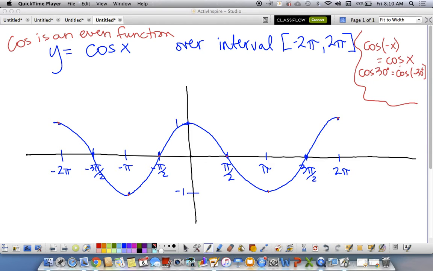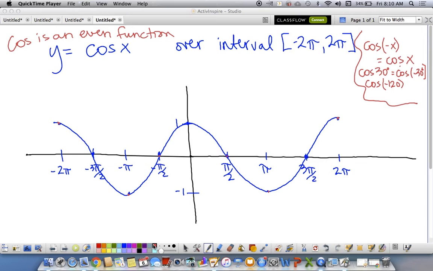Okay, well that's the first quadrant and the fourth quadrant. What do you know about cosine in the first quadrant and the fourth quadrant? They're both positive. Okay, what about something in the second quadrant? Let's go to the third quadrant first. What's cosine of negative 120? Plug it in.